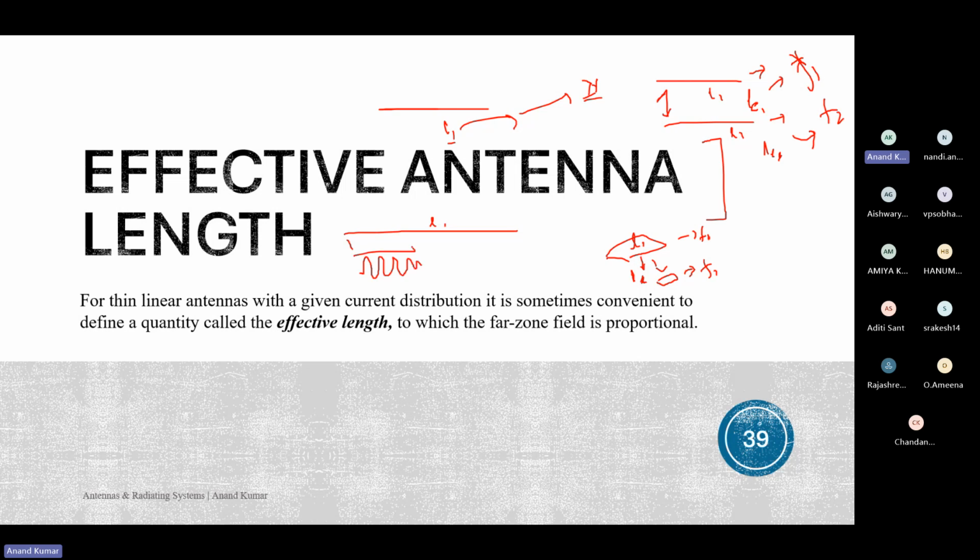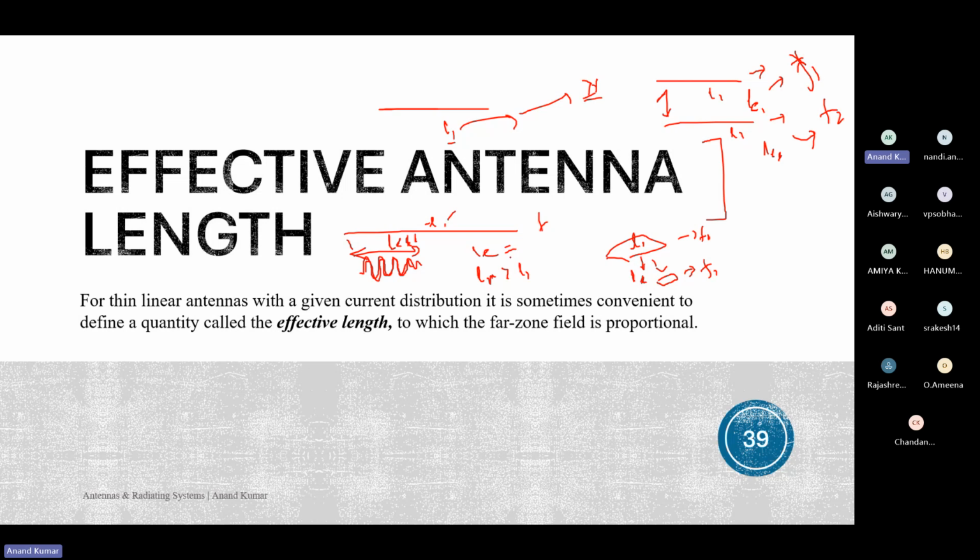Its total length would be smaller than this length L. Or if you take the entire meandered length, L meandered, it could be greater than L1, but both of them would radiate at the same frequency because they would have the same effective length.